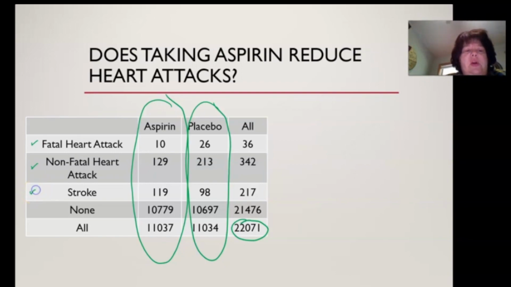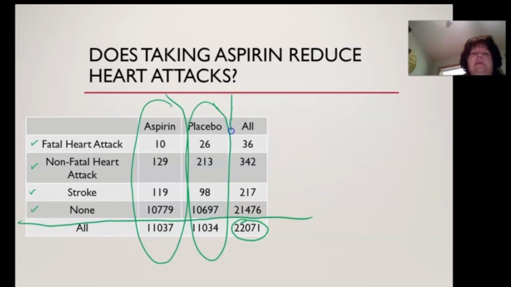And then some people wanted to know about strokes. And then none means not a heart attack or a stroke. And then all is the total at the end. So we have totals running like this. And this is a two-way table because it has rows and columns. It just has 4 rows instead of the 2. We're just dealing with 2 rows and columns here in this class.